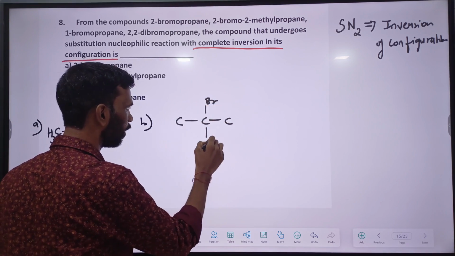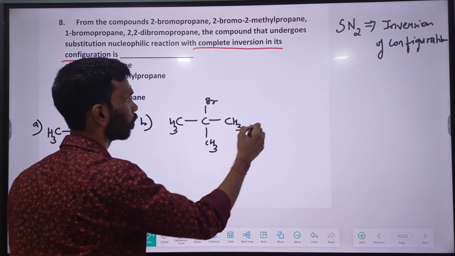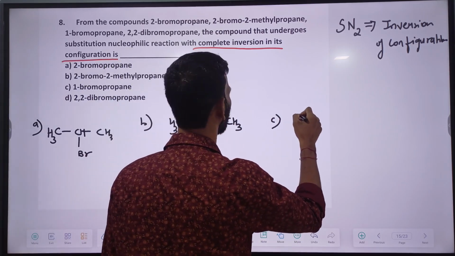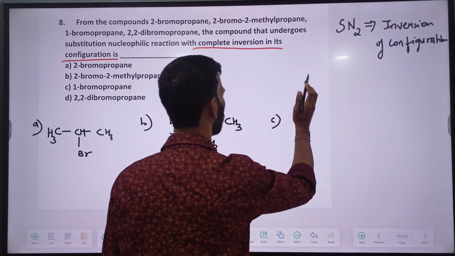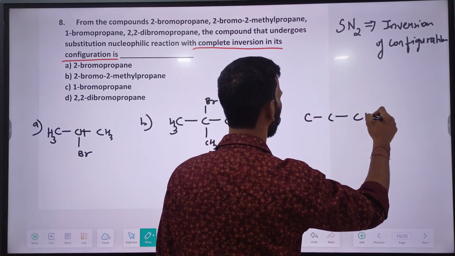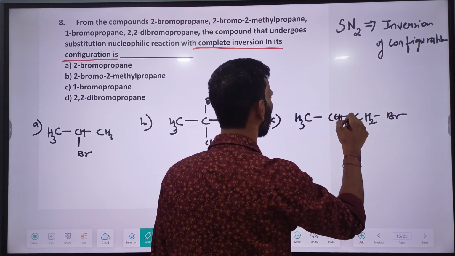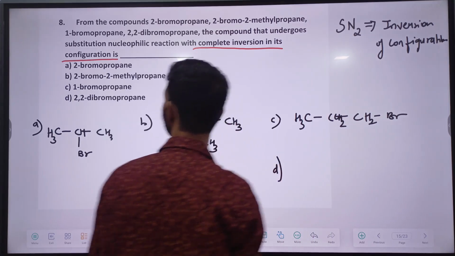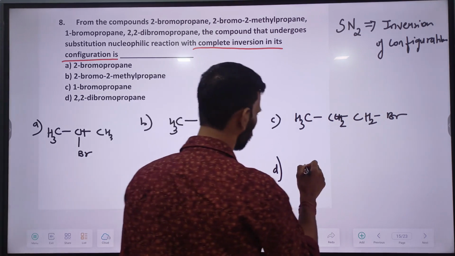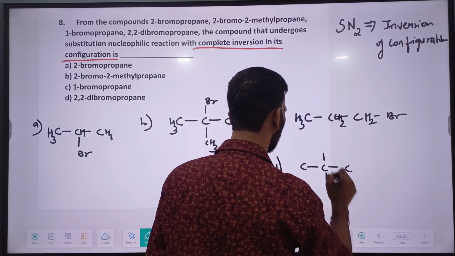Propane means 3 carbons, and here there are this way. What is C? 1-bromopropane. And D is what? 2,2-dibromopropane. Propane only, all are 2,2-dibromopropane.